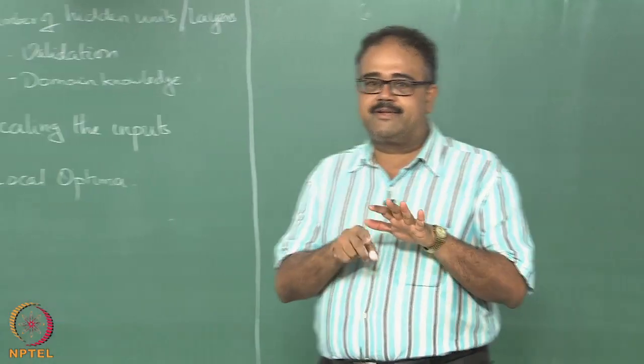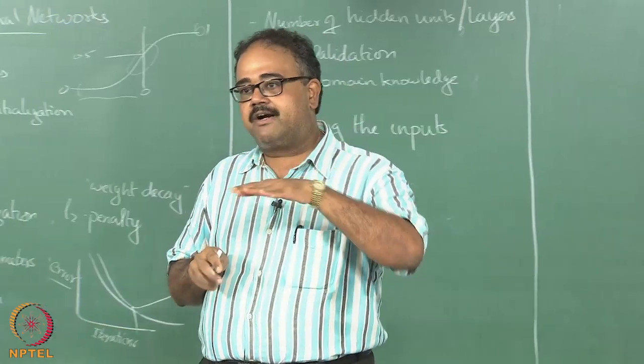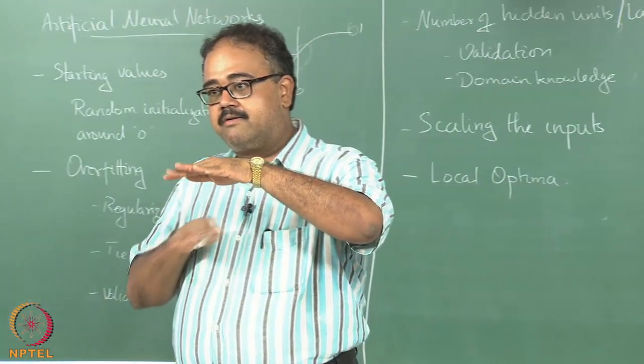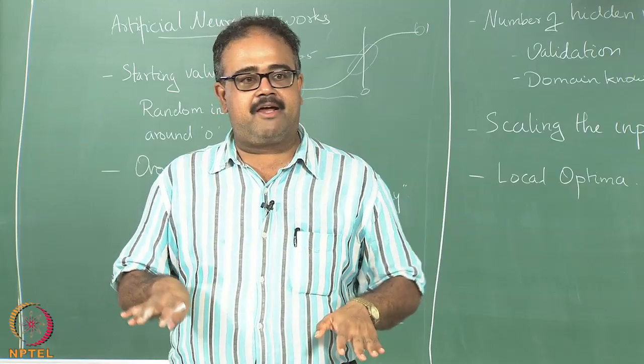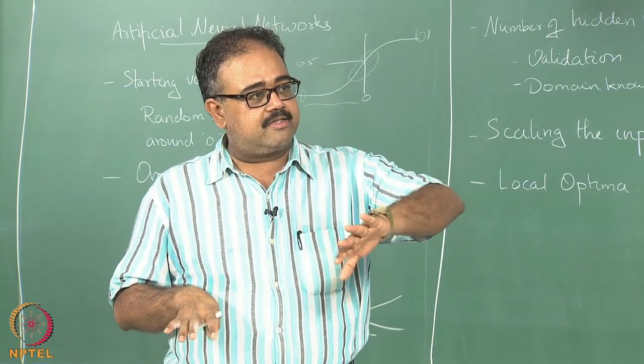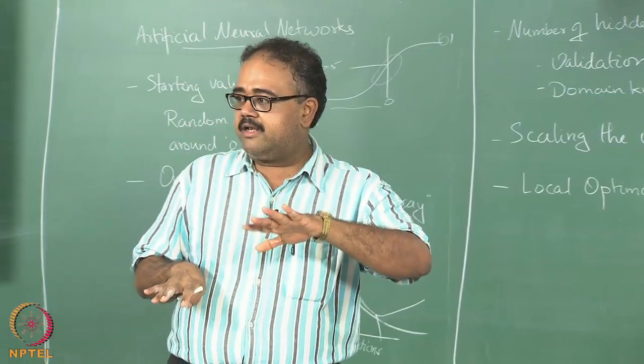This is something which people have difficulty with, which is the reason I am making a fuss out of it. The error surface is the function of the error with respect to the parameters. As I change my alpha and beta, how does the error change? That is the error surface we are talking about.